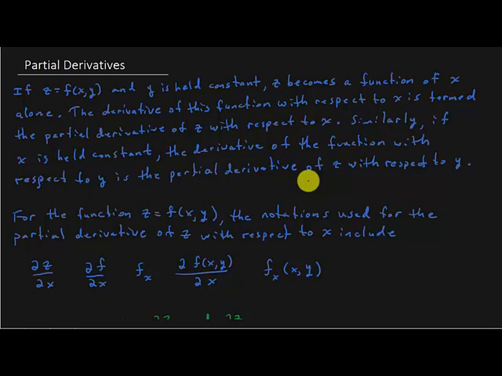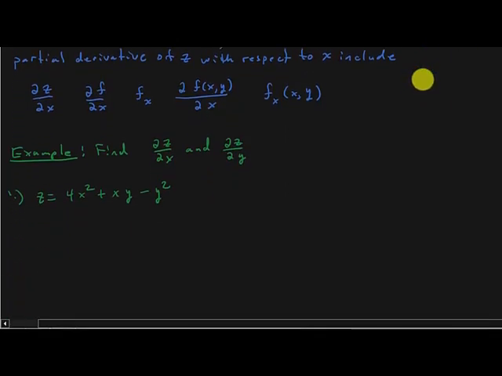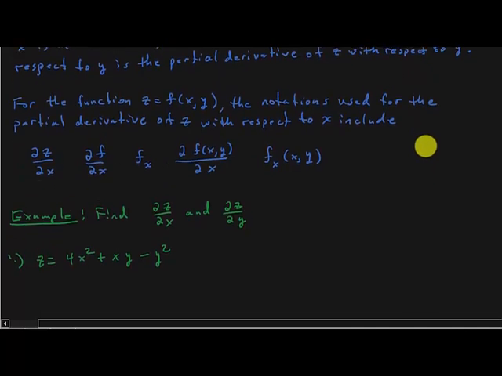The only thing is you treat y like it's a constant. And then if you take the partial derivative with respect to y, you do the same thing, just how you've been doing derivatives through the whole course. The only thing is you treat x like a constant. Okay? So let's look at the notation.